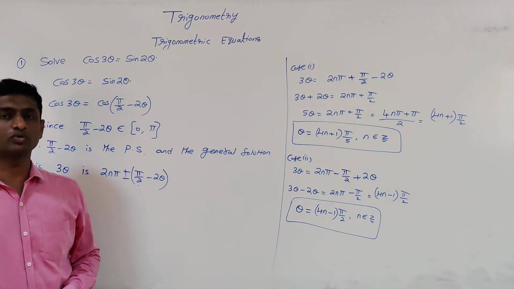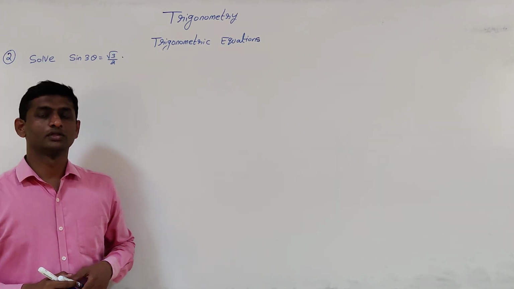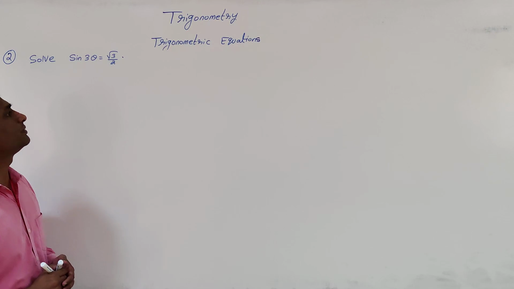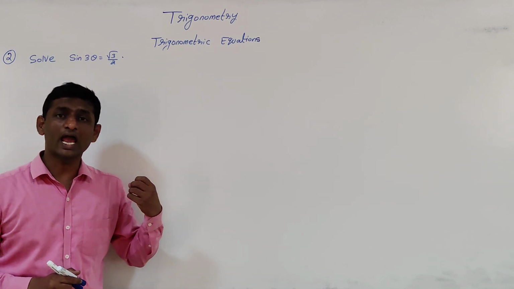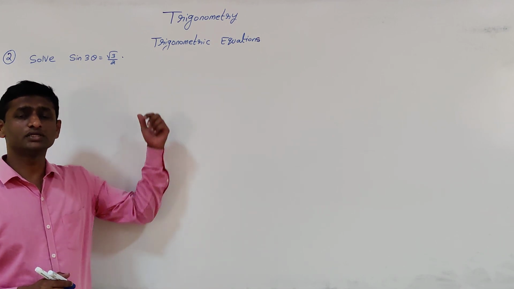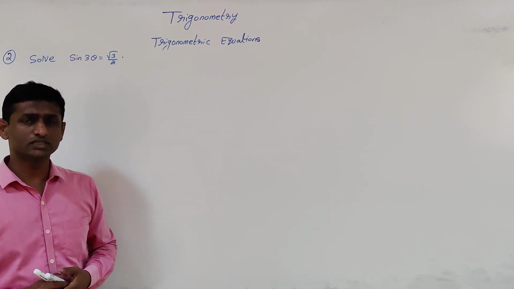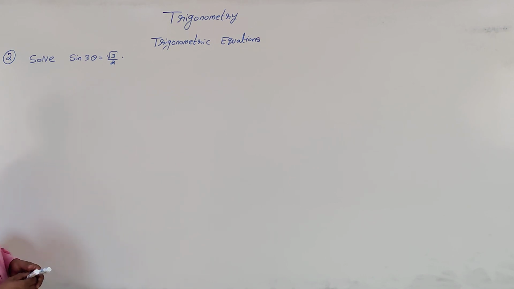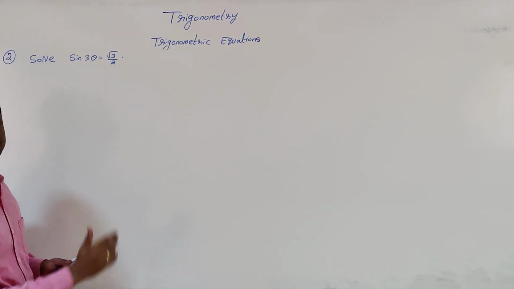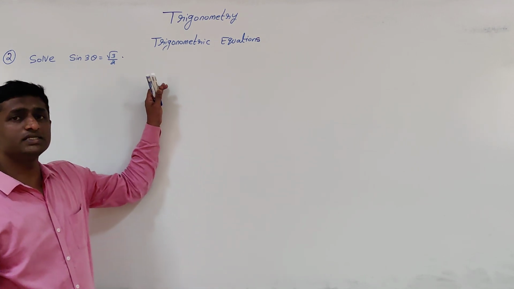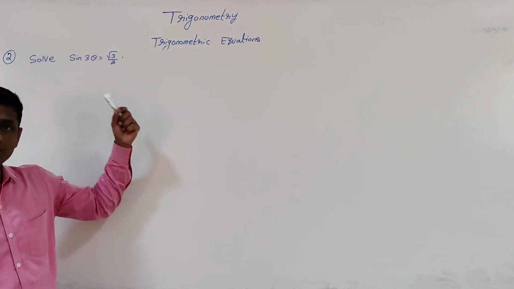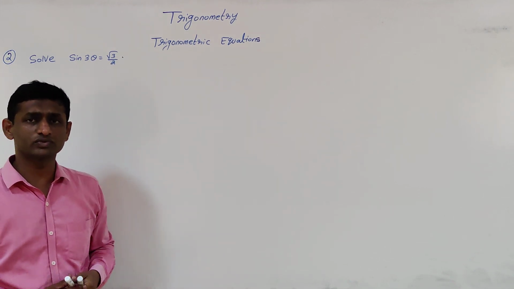Next we'll go for one more problem. The next problem is solve sin 3 theta is equal to root 3 by 2. That is, for what values of theta the trigonometric equation gets satisfied. Now if you assume that 3 theta is x, then it is like sin x is equal to k, where k is a number which lies between minus 1 and plus 1. Root 3 by 2 is also a value which lies between minus 1 and plus 1.